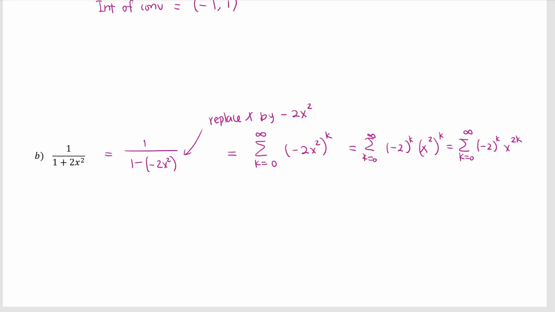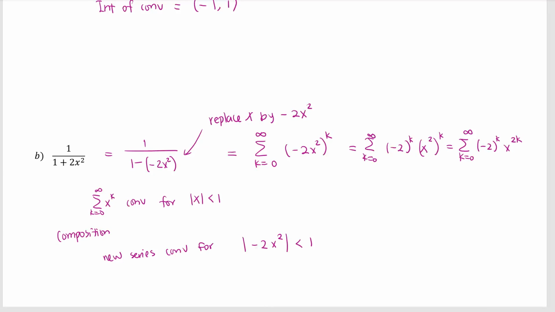Well, we know that the old series, okay, so let me put here the old, okay, let me figure that out. Okay, and point it out. So the old series converges for absolute value of x less than 1. Okay, then our new series, because we're doing composition, converges for, we replace x by -2x squared.